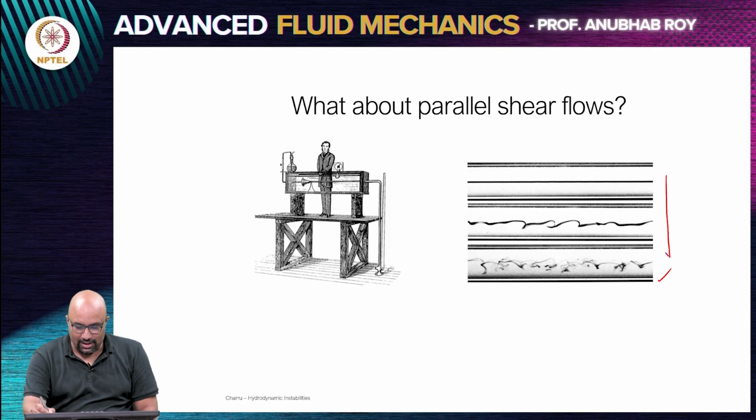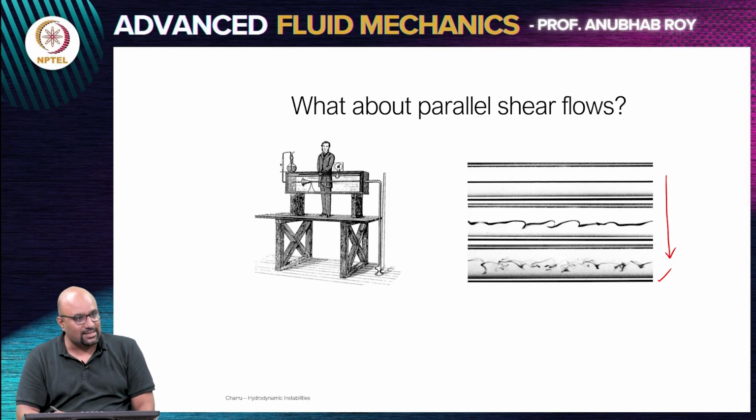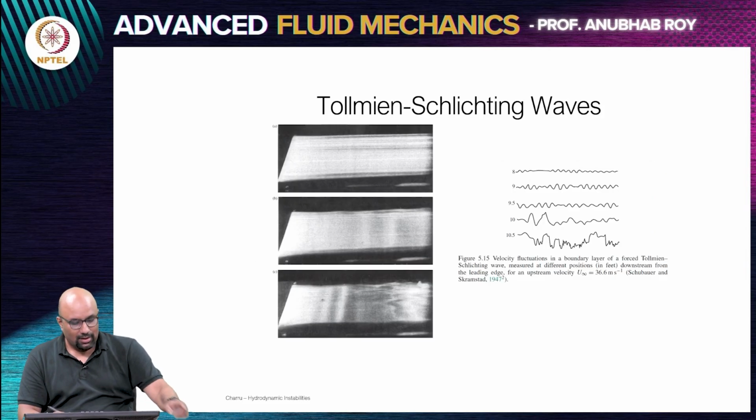So with different increasing flow rate, the dye is basically getting more and more disorderly with increasing flow rate. And the same story continues for the boundary layer. Flat plate boundary layer.